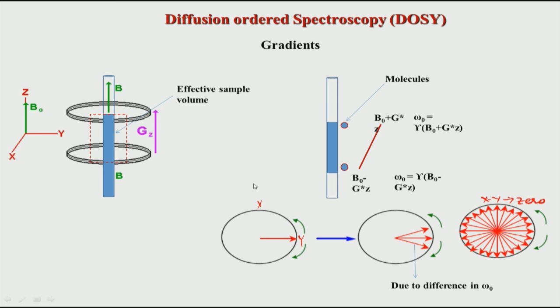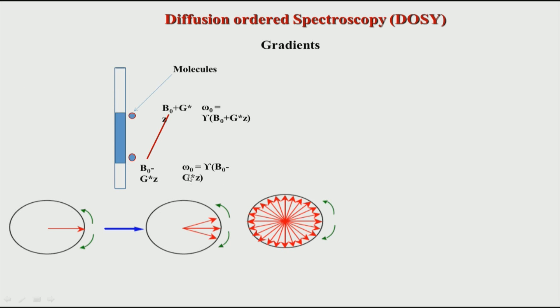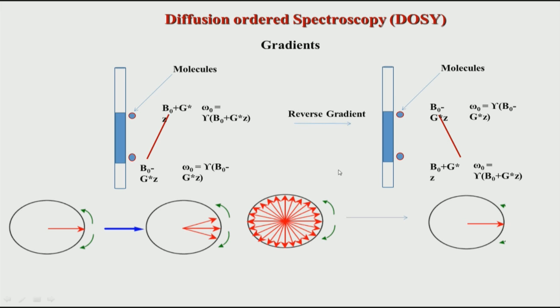So, now let us see how all this is connected to DOSY. Let us continue. Suppose I have done this exercise: I have excited the magnetization, I have applied a gradient, and because of the gradient, after some time the complete dephasing has taken place. Now, I can undo whatever I have done, the dephasing, by applying a reverse gradient.